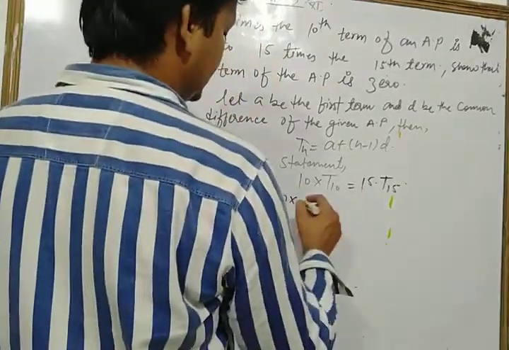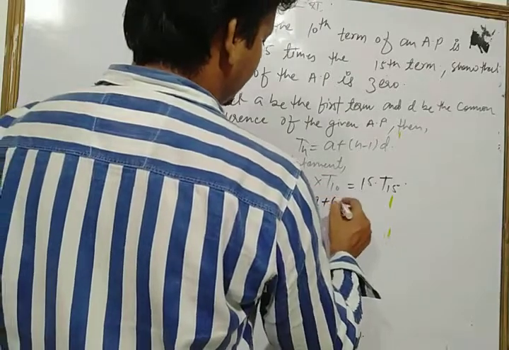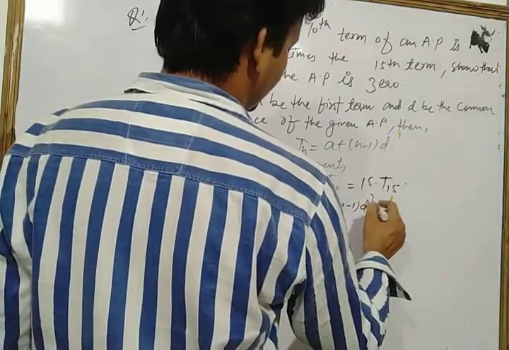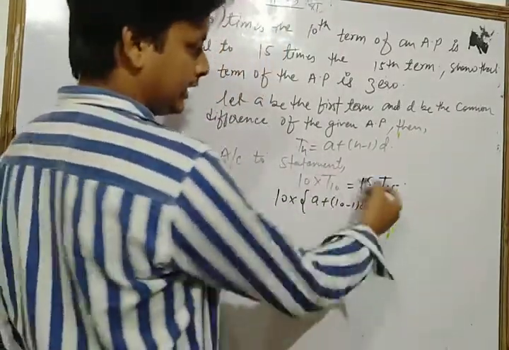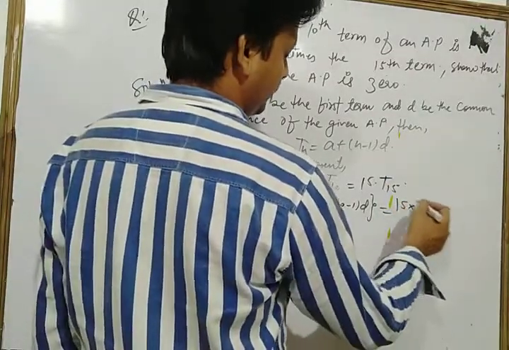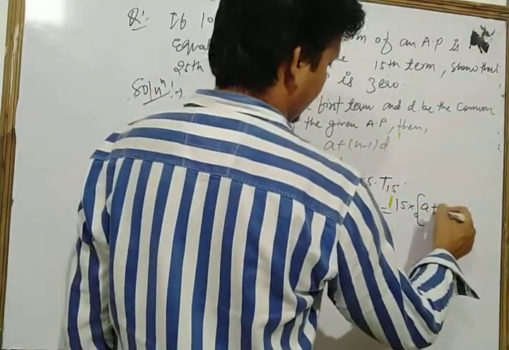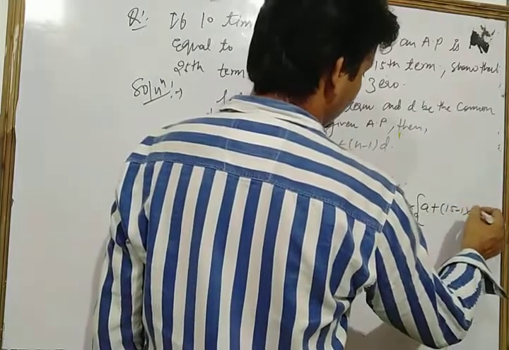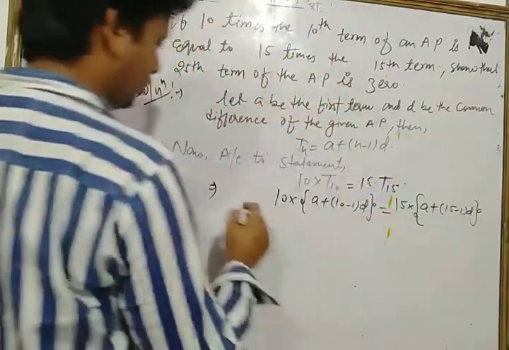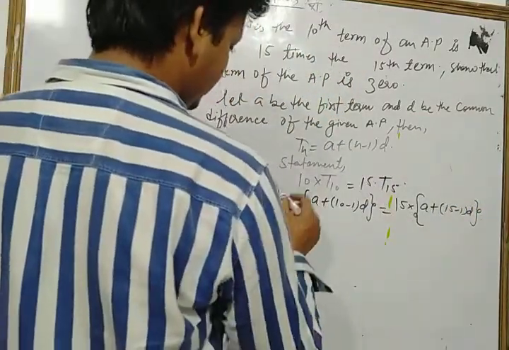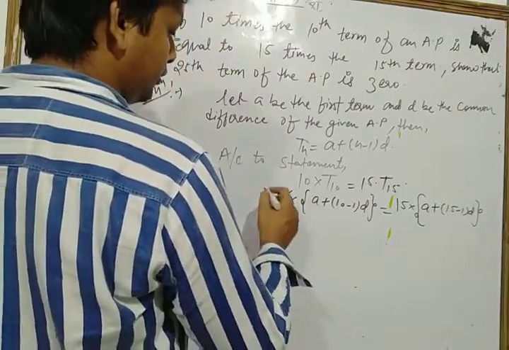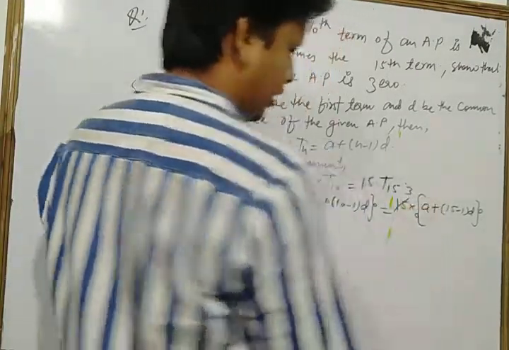10 into T10, which is A plus 10 minus 1 into D. On that side, 15 into T15, which is A plus 15 minus 1 into D. Now 5 2s are 10, 5 3s are 15.